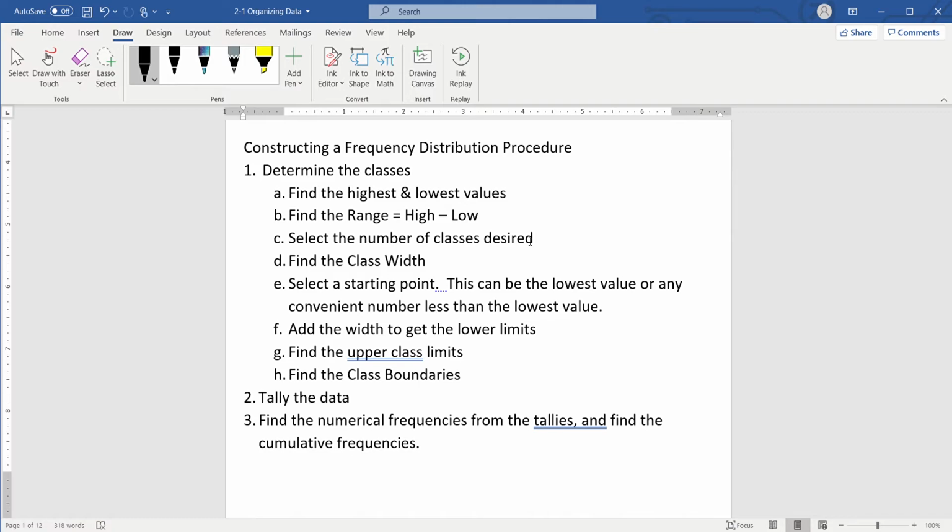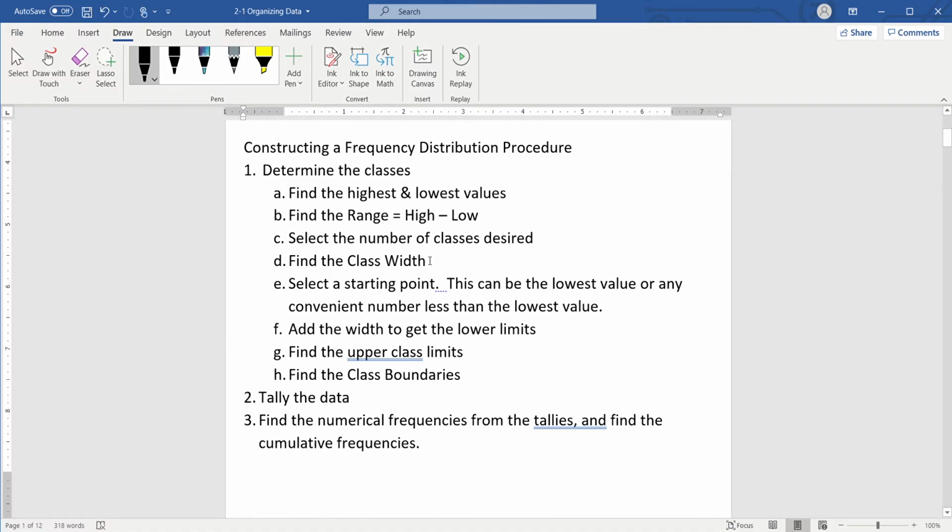Because what the classes do is they split apart all of your data. So the bigger number you choose for the number of classes desired, the more spread out your data is going to be. So if you have too many classes, you need to use a smaller number for the number of classes.